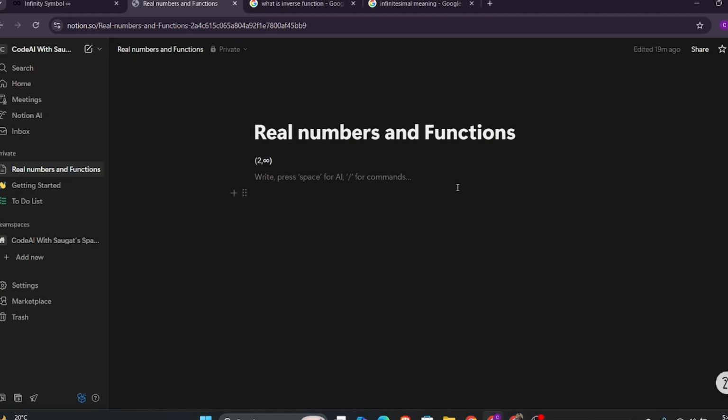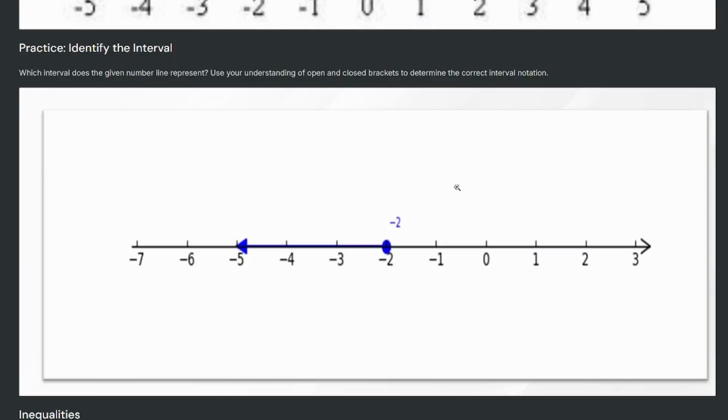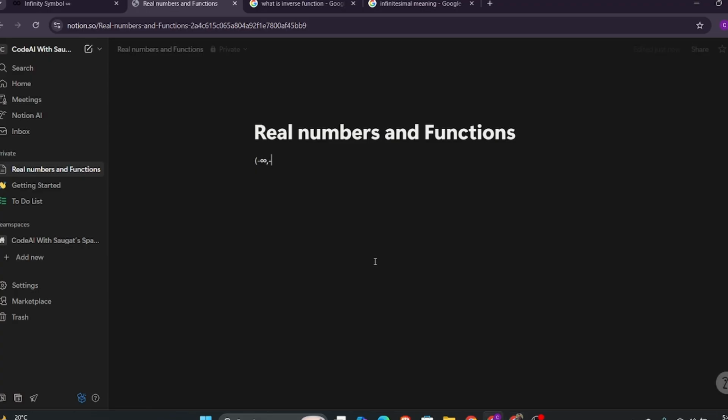We use minus infinity, comma, -2. Which bracket should we use there?